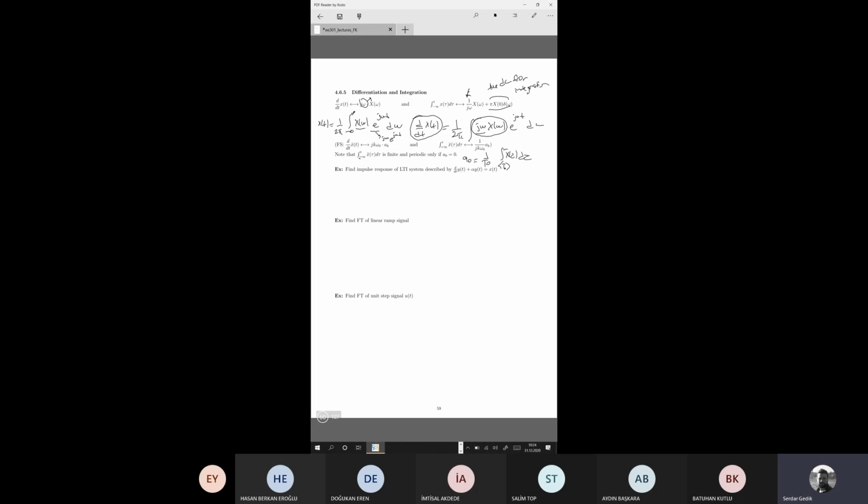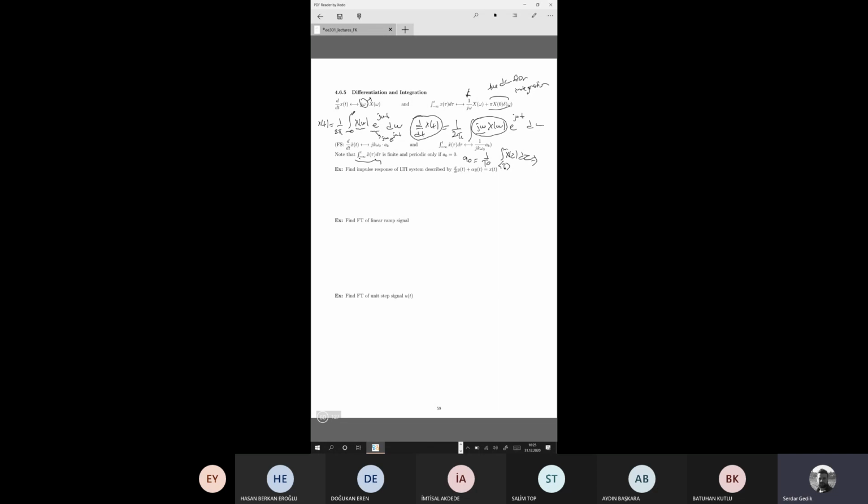So this is the average over one period. So if this is non-zero, it means that this integral is infinite. So if my signal has zero average within a period, then this integral is actually finite.